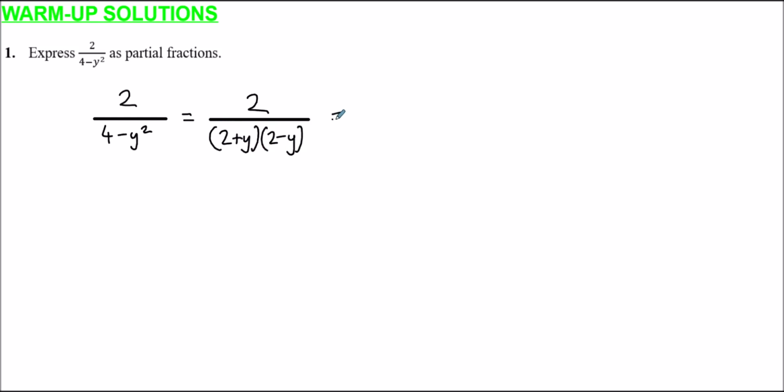And then we can set this as 2 separate fractions with numerators a and b, and try and find what a and b would have to be. So this is going to be equal to some unknown numerator a, all over 1 factor, 2 plus y, plus some b, we don't yet know, all over 2 minus y.